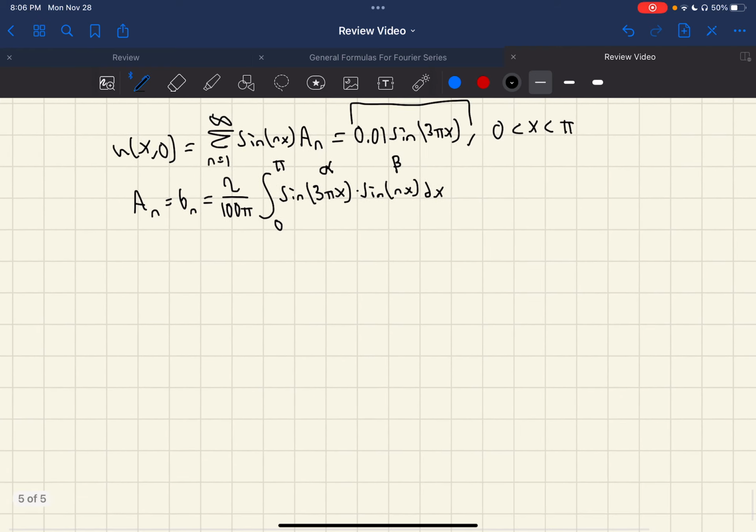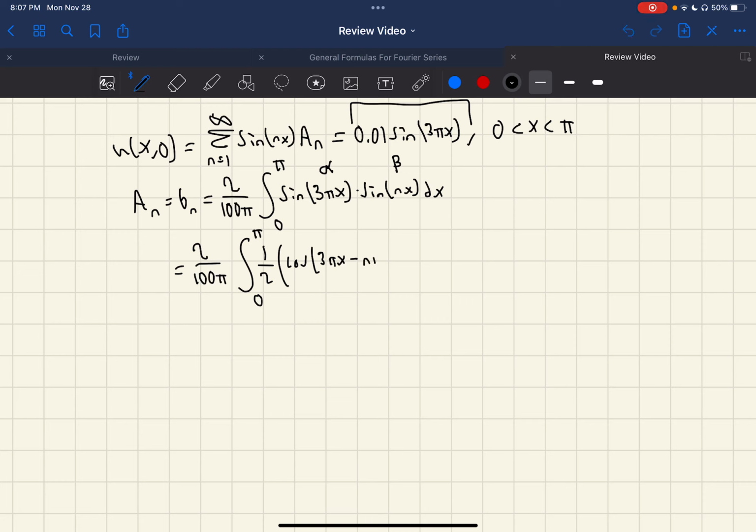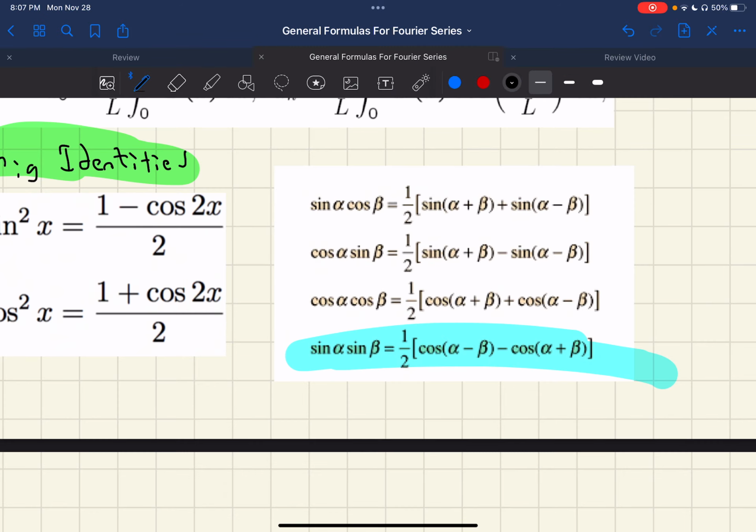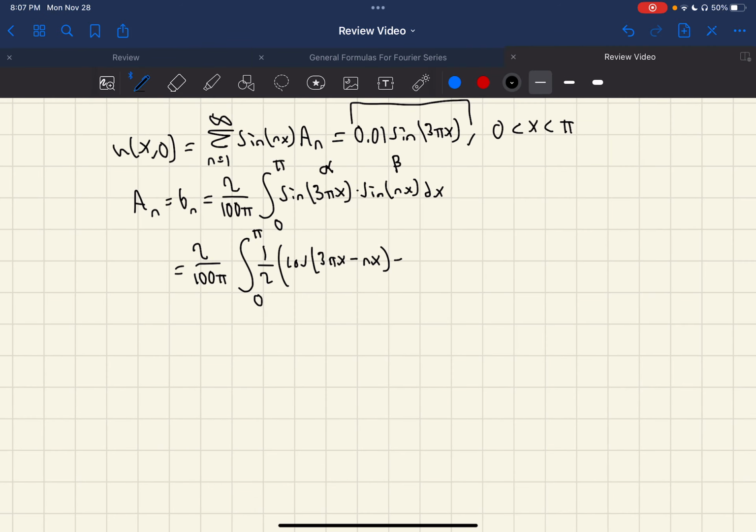So let's rewrite this as 2 over 100 pi, integral 0 to pi, 1/2 times cosine of 3 pi x minus nx, minus cosine of 3 pi x plus nx.